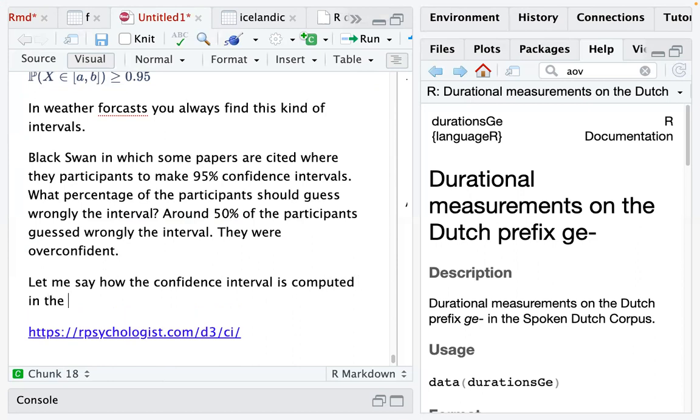Recall that we have a sample of n elements.